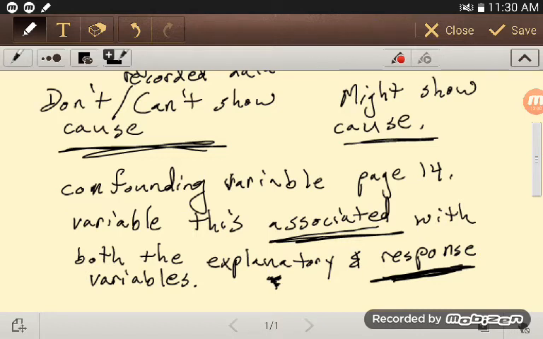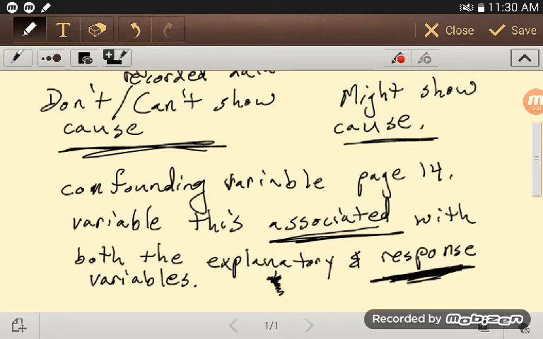And then the other is, well, most likely, if we're looking at something as being the explanatory variable, then most likely it is associated with the response, and so you wouldn't have that case.